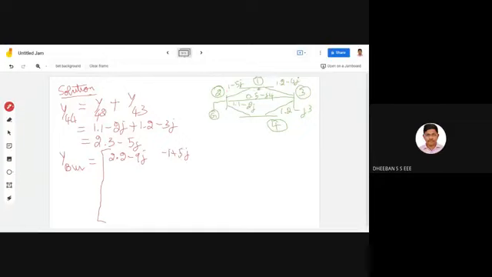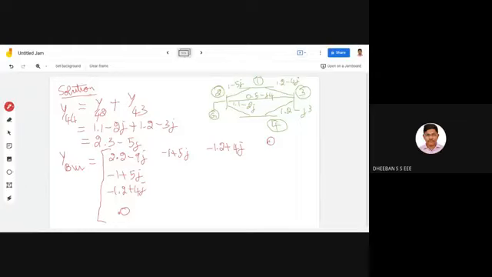Next Y13: it is 1.2 minus 4j, so you have to again negate it. So it will be minus 1.2 plus 4j. And coming to your Y14, there's no connection, so it will be 0. By the symmetry property you can just write the same values over here, minus 1 plus 5j and minus 1.2 plus 4j, and over here it is 0.